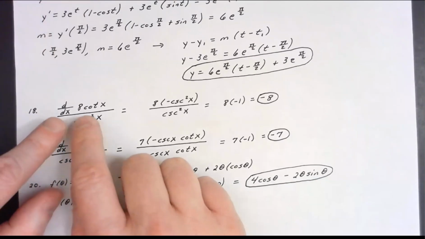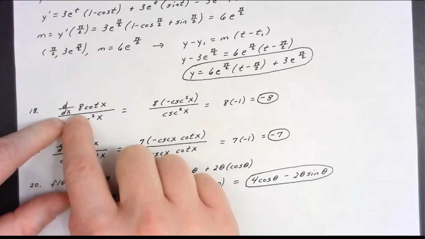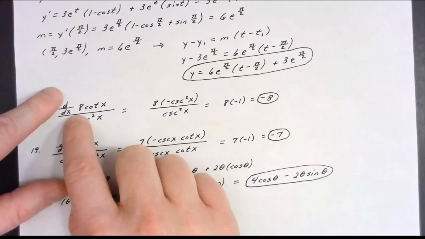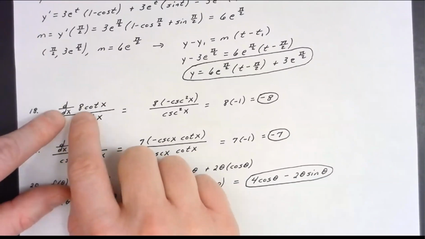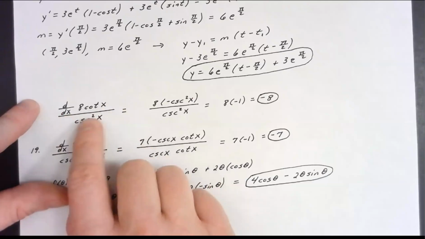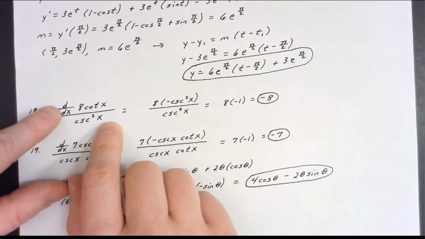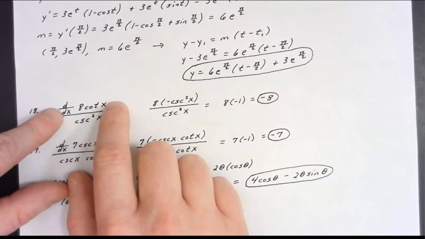For number 18, it's wanting you to simplify the fraction where you're only taking the derivative in the numerator. This is telling me take the derivative with respect to x of 8 cotangent x, take that answer and divide it by the cosecant squared x. Okay, so the derivative with respect to x of cotangent, please remember derivative of cotangent is negative cosecant squared.